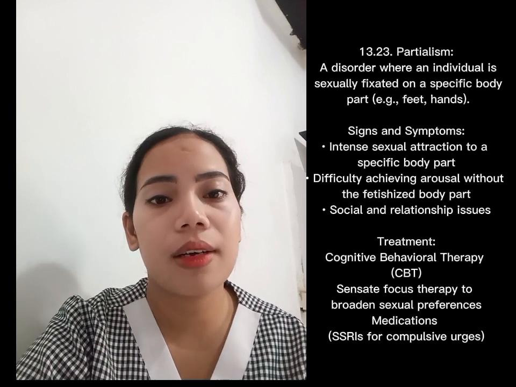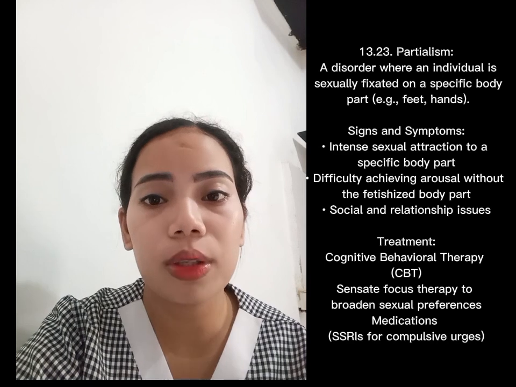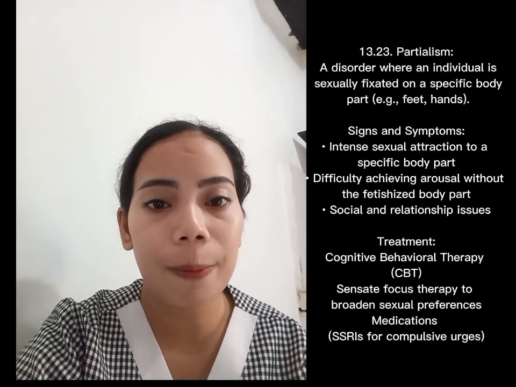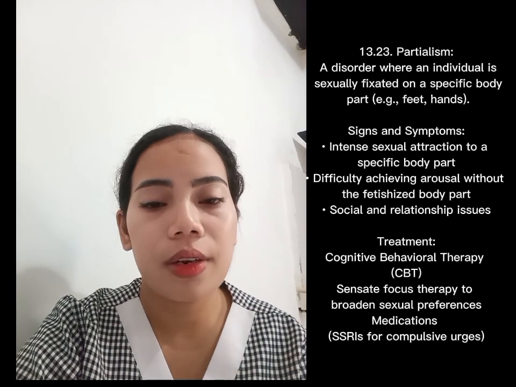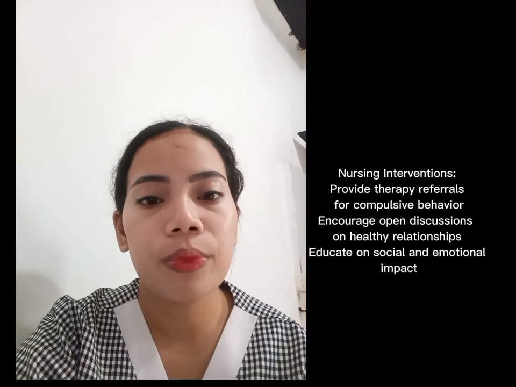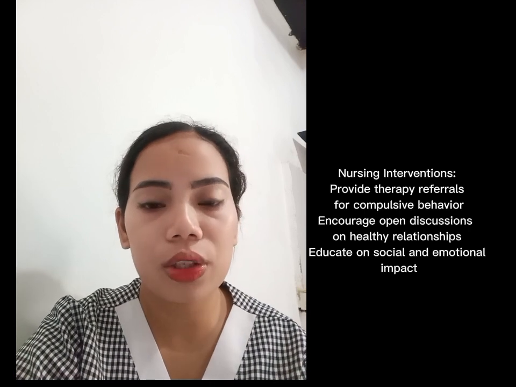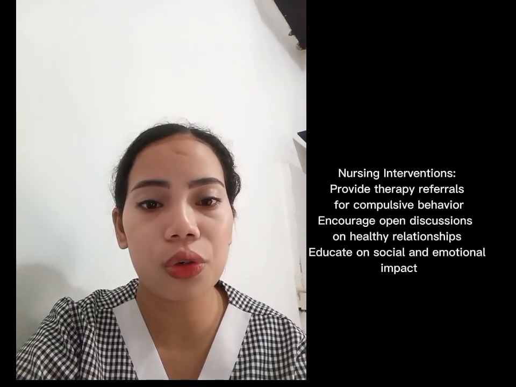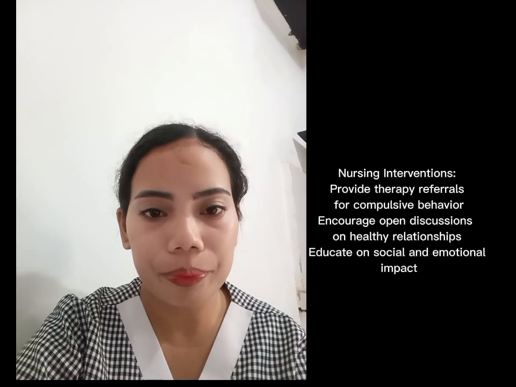For the treatment, we have cognitive behavioral therapy, sensate focus therapy to broaden sexual preferences, and medication like SSRIs for compulsions. Then for the nursing intervention, we should provide therapy referral for compulsive behavior, encourage open discussion and healthy relationships, and educate on social and emotional impact.